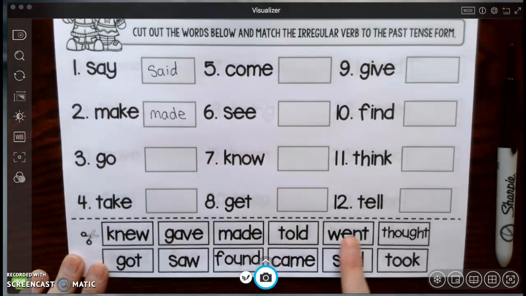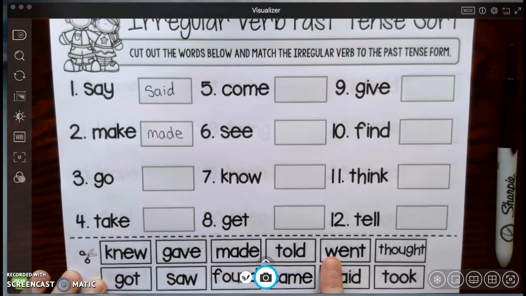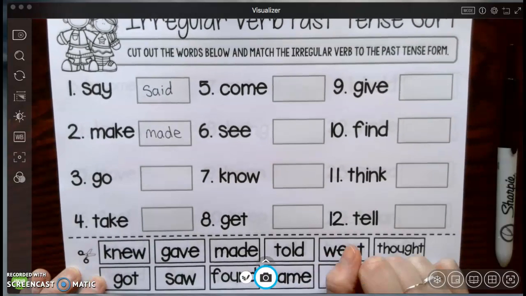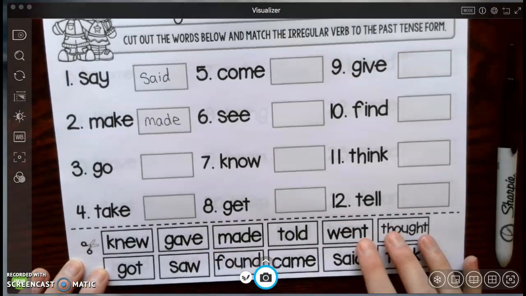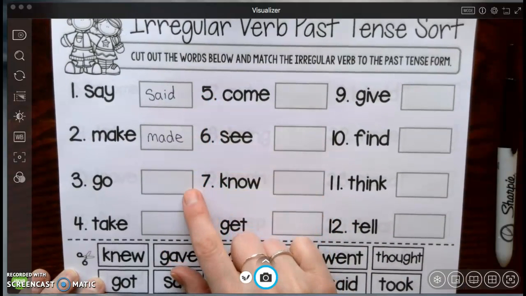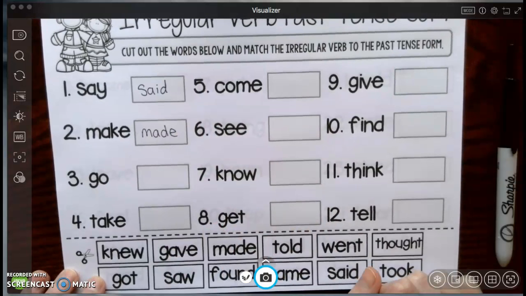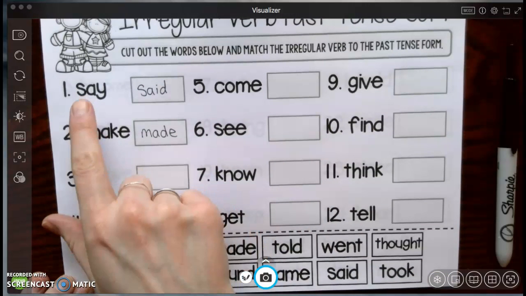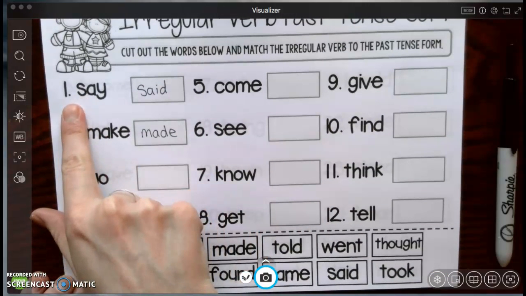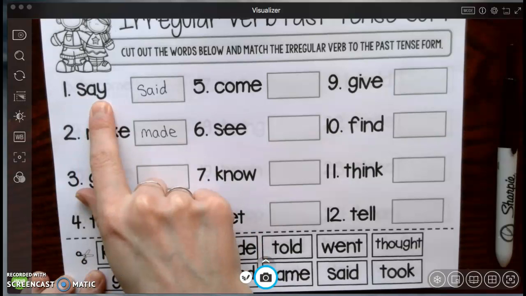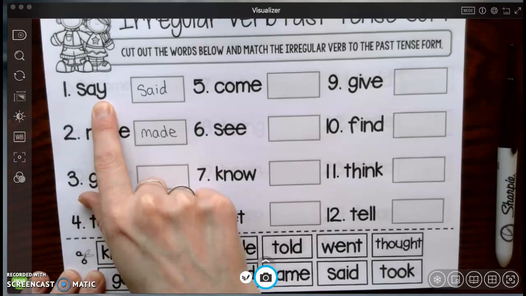So still use these words down here as your word bank, but you can feel free to do this how you like. You can cut it out and glue it, you can just fill it in once you've printed it out, or you could make your own setup on white lined paper with the number of the question, the regular present tense form of the verb, and then the irregular past tense form.